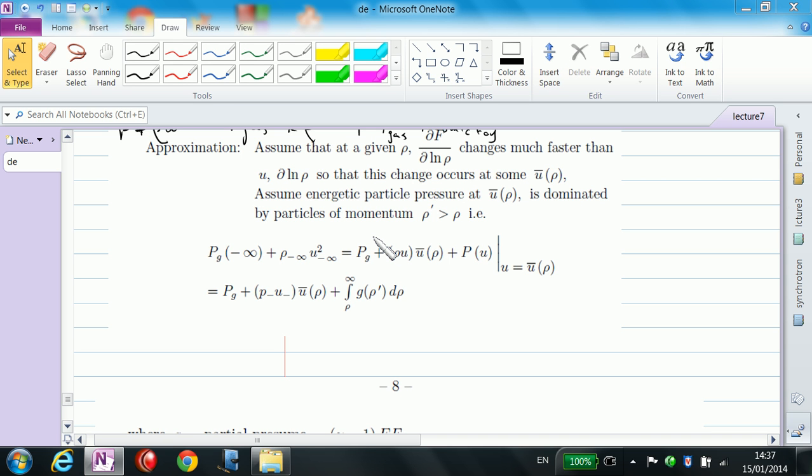And to see how that works, what I did is I said, look, let's say they're all injected. You can't do 100%, which is obviously too much, because you don't have enough energy if you're starting with thermal particles.